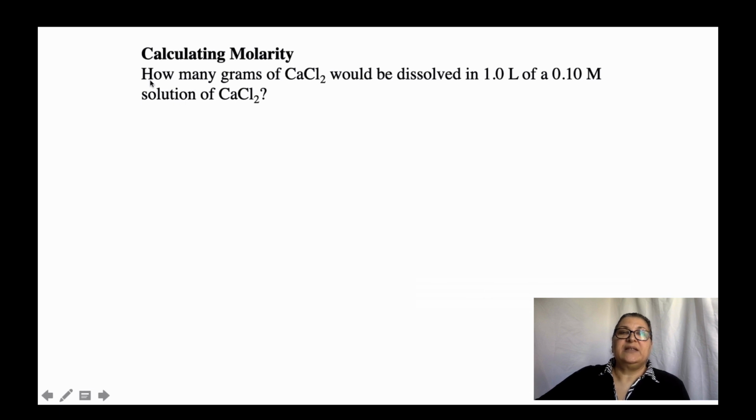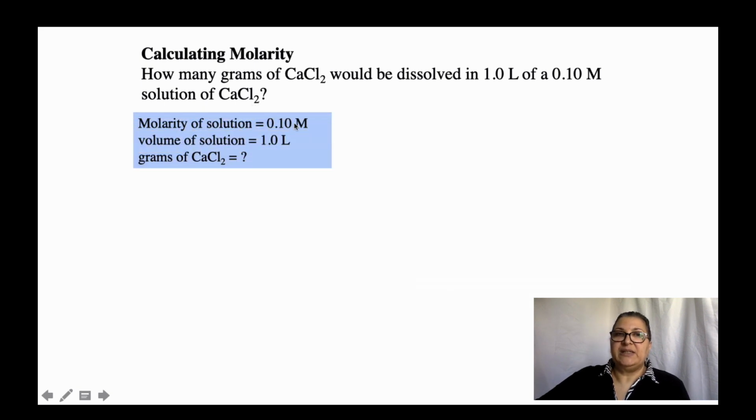All right, second example. How many grams of calcium chloride would be dissolved in 1 liter of 0.1 molar calcium chloride? We have the molarity, we have the volume, we need grams. So the first step is to find the number of moles, and then multiply by the molar mass of calcium chloride.